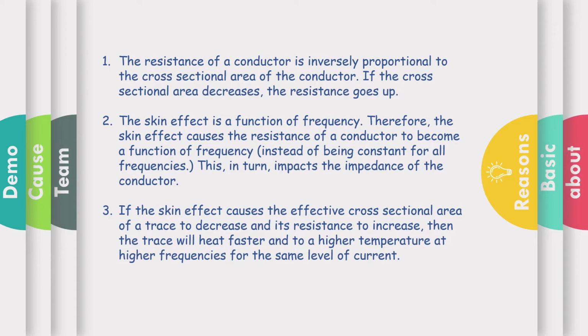The third one is if the skin effect could increase the resistance of the conductor, then this conductor will heat faster and to a higher temperature at higher frequency for the same level of the current. So when we discuss the third condition, we'll talk about it under the AC situation. With the increase in frequency, the conductor will be easier to get heated.